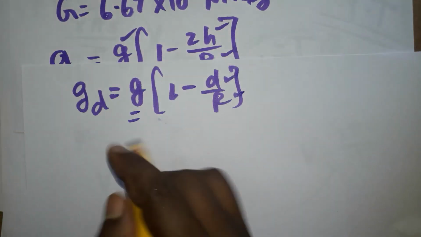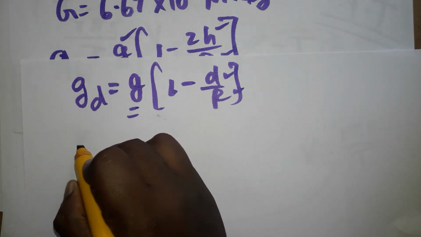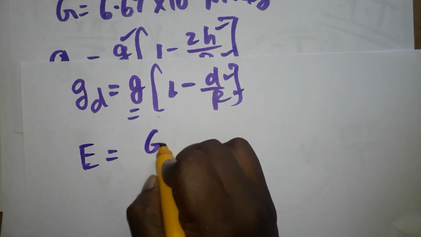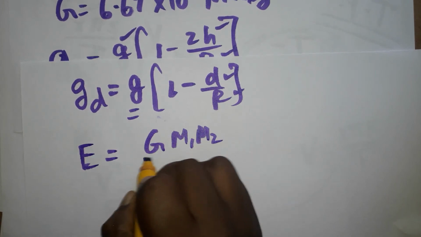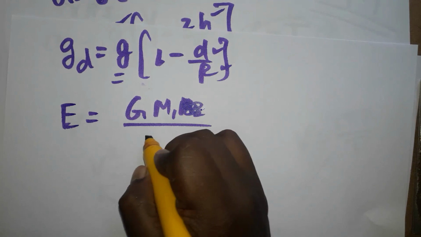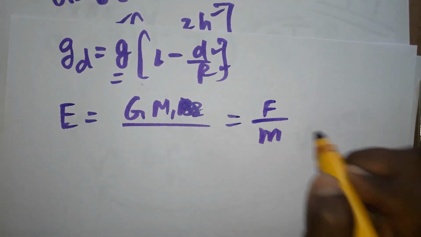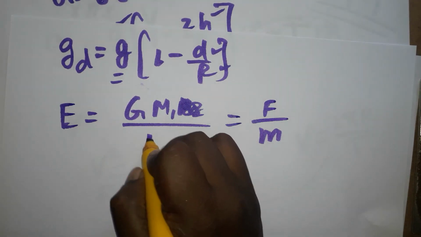Next, gravitational field is going to be G times m1 m2 divided by d square, but this mass we won't get, so it's divided by d square. Because gravitational field is the force per unit mass, it's going to be r square or d square, anything.